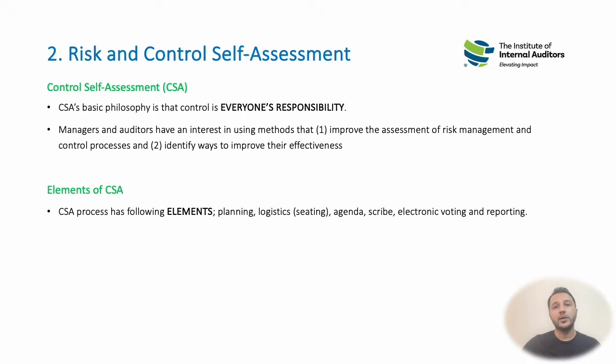Scribe, or you can say a secretary, who can write down all the deliberation which is happening within the meeting, how they have reached the decisions, what the voting was, and what is the most preferable solution that they will be implementing. So someone has to scribe. Electronic voting and reporting. We have to have a vote on the suggested answers or solutions, and reporting.